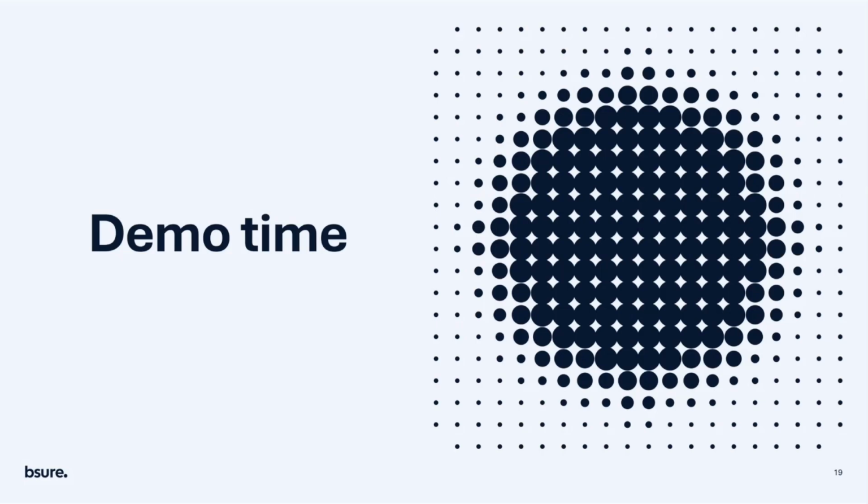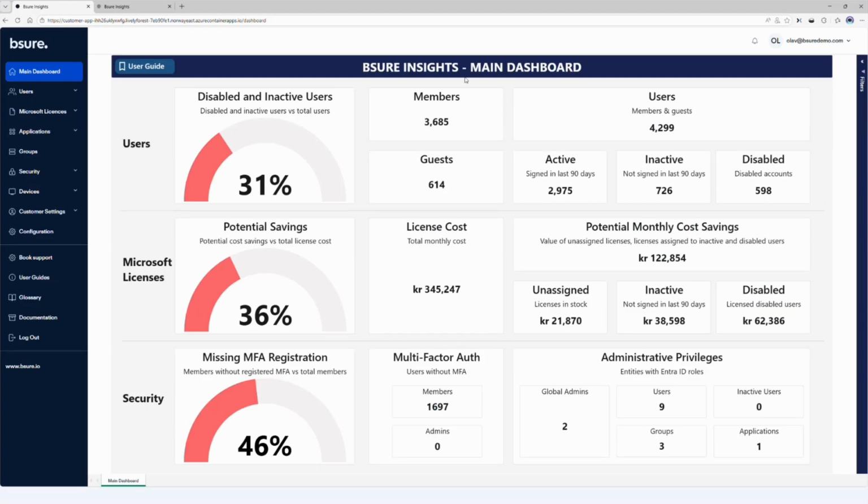And finally, it's time to jump into my demo. Time is running fast, so we don't have much time left, but we'll take a look. So this is the Bishar app. Let's take a real quick look, just very briefly, at the main dashboard.